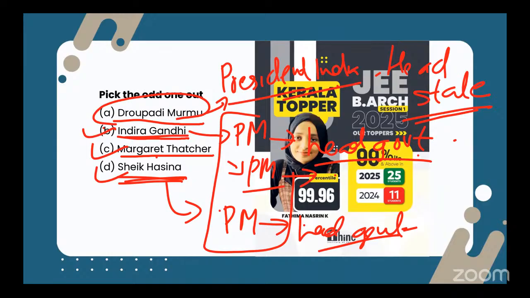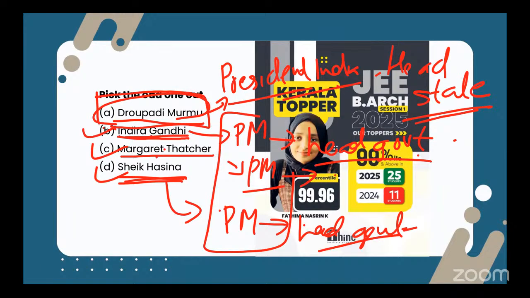In another way, whether it be Indira Gandhi, Margaret Thatcher, or Sheikh Hasina, they were former leaders of those countries, while Draupadi Murmu is still the leader of the country. Whichever way you choose, you will get the answer as Draupadi Murmu.